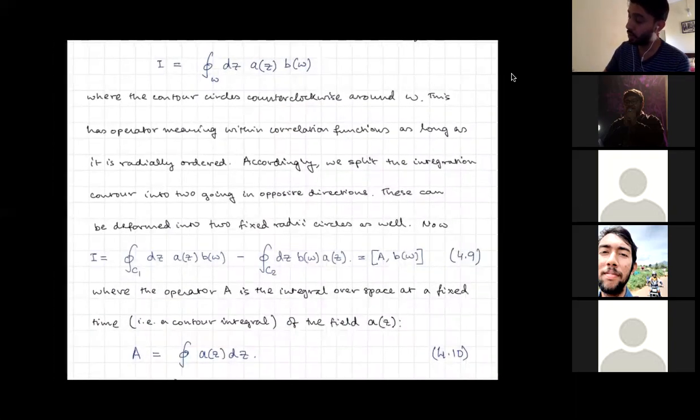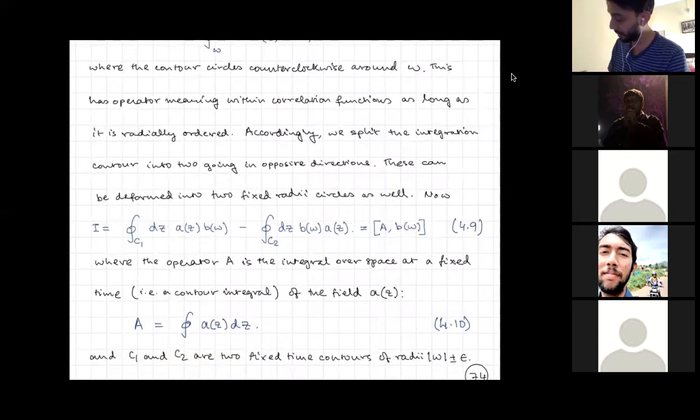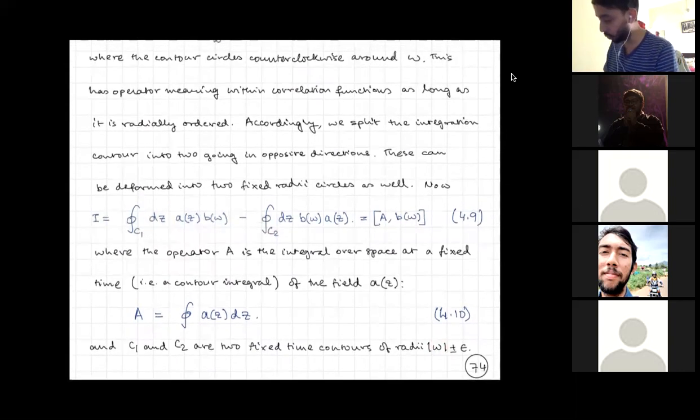This is going to be nothing but the commutator of A with B of omega, where A now is written as the integral of A of z. As I said, these C1 and C2 are fixed time contours, one which includes omega and one which excludes it.